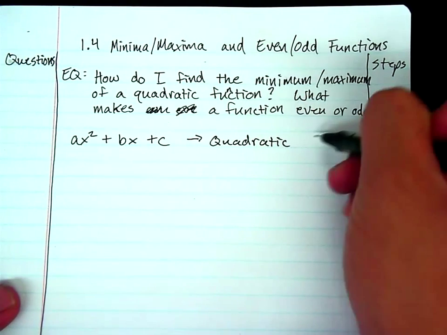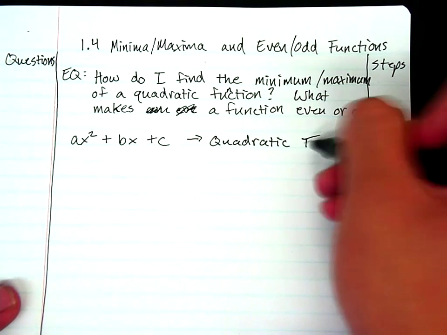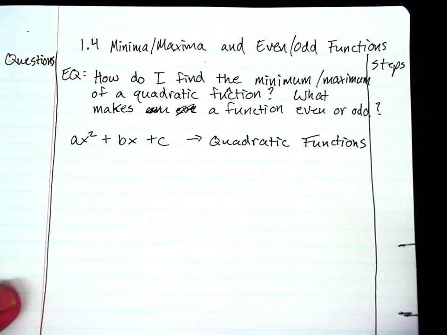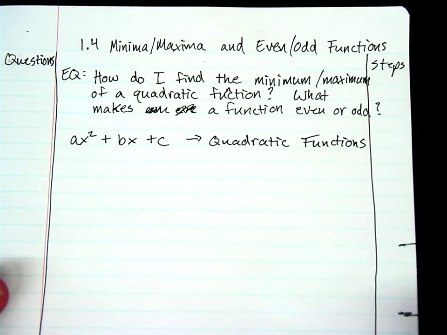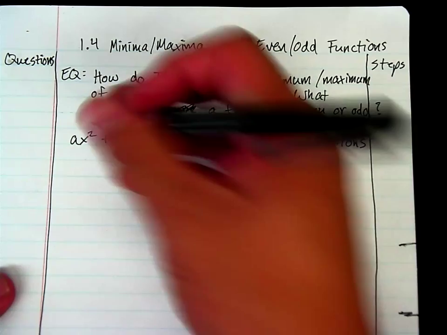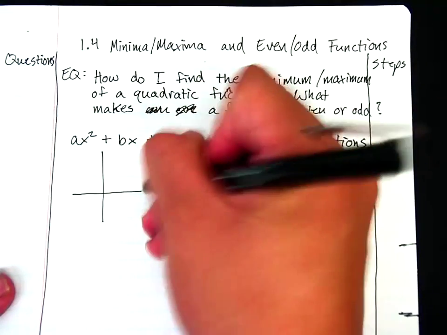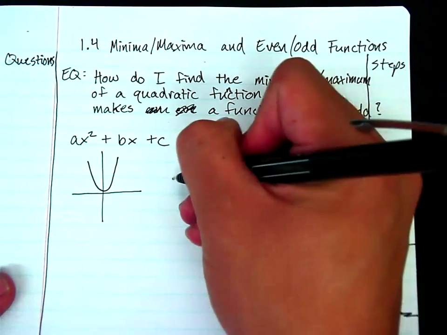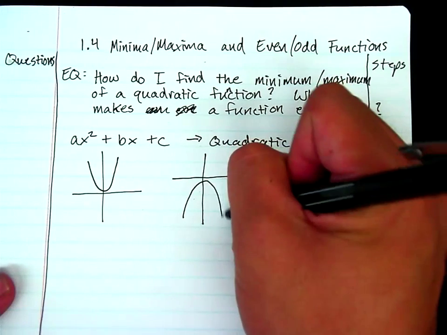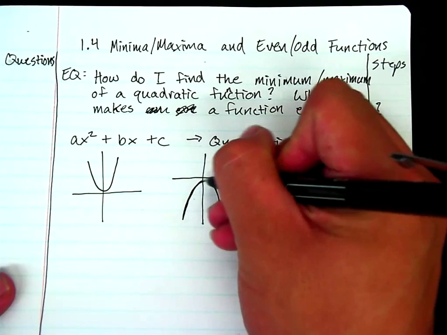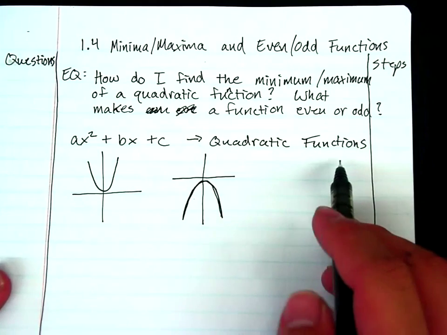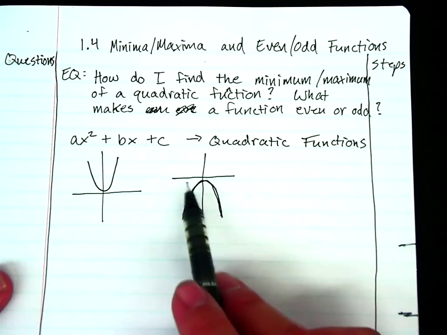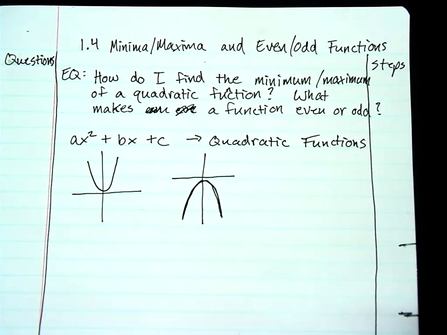And these usually result in parabolas, or pretty much always actually. So when you have these functions, you know that you're going to end up with something that looks like this, or perhaps like this. And it all depends on how your quadratic function is set up. A lot of you might remember that if you have a negative a in the front, your parabola is going to be going downwards.